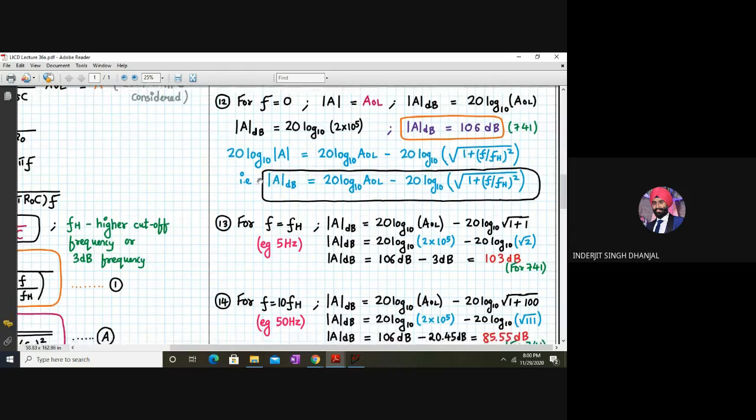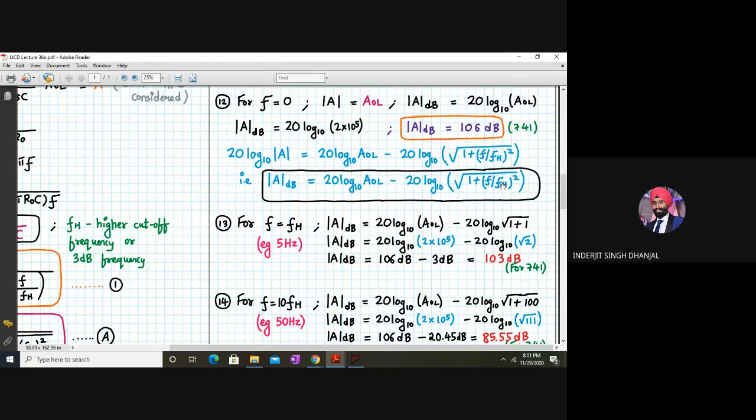So let's consider f equal to fh, right? Next value. And let's say the upper cutoff frequency is 5 hertz. Okay, and we substitute the values over here. 20 log to the base 10 AOL is nothing but 20 log to the base 10 of 2 into 10 raised to 5, which we found before to be 106 dB, correct? And now we substitute f equal to fh.